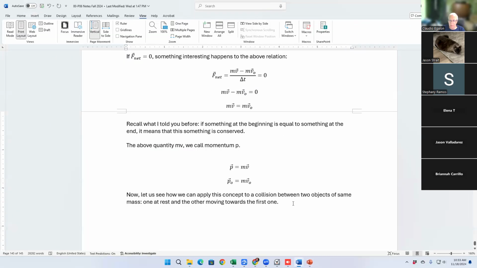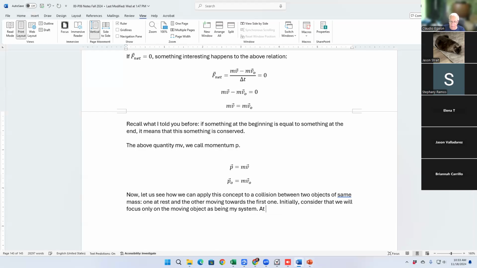Initially, consider that we will focus only on the moving object as being my system, okay? We're going to ignore the other one. My system is going to be just the first one.